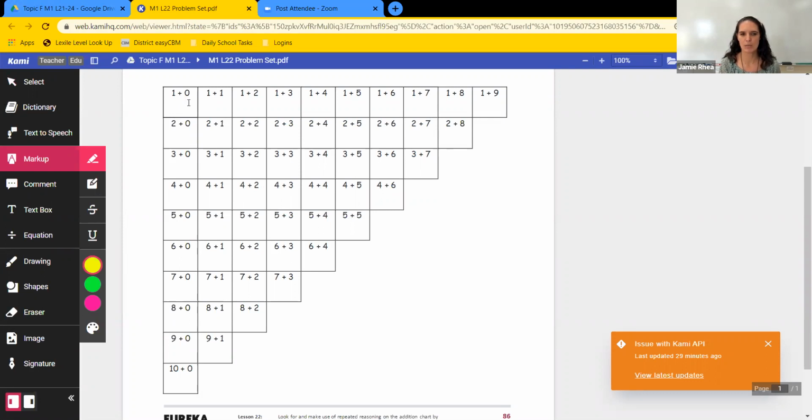1 plus 0, 2 plus 0, 3 plus 0, 4 plus 0, 5 plus 0, 6 plus 0, 7 plus 0, 8 plus 0, 9 plus 0, and 10 plus 0. What do you notice that's the same in every single one of those?